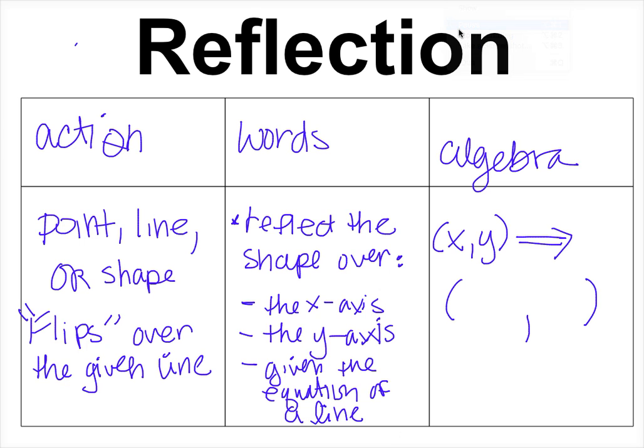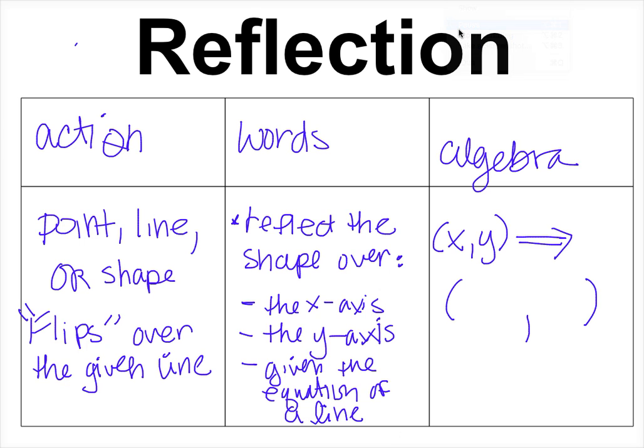All right, now let's take a look at the y-axis. I'm going to label these A and B. Let's write our ordered pairs first before we reflect anything. So A is 1, 1. B is 3, 3. Then we'll see what happens when we reflect over the y-axis. Our y-axis is the mirror at this point.